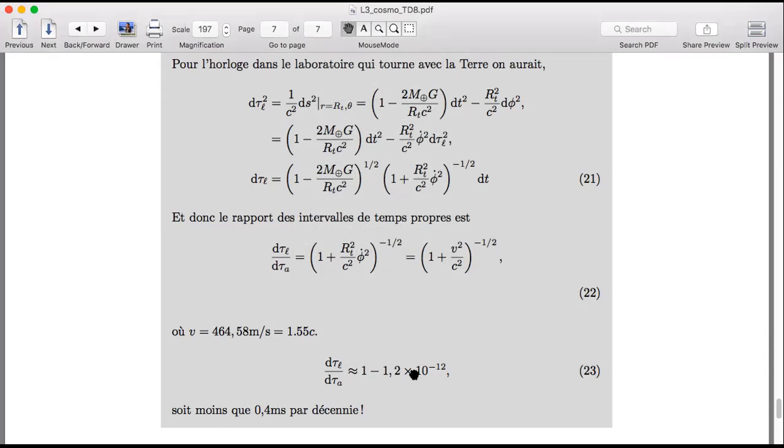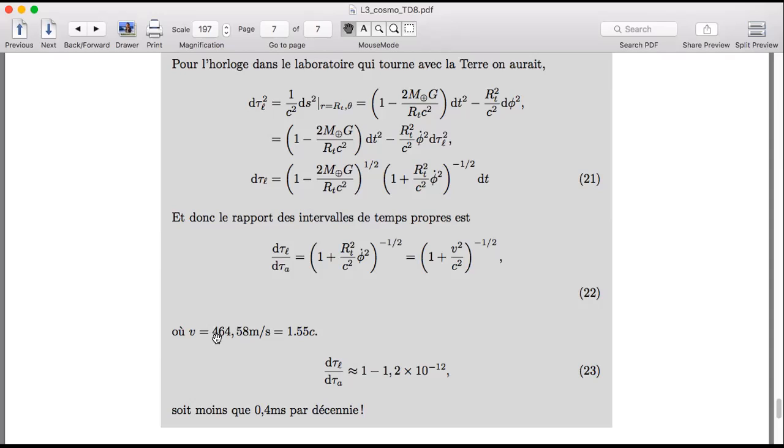But this looks right. Well, we can guess about what this is. We want to compare that with the speed of light, which is 3 times 10 to the 8. And this is actually about 1.5 times the speed of light, or 1.5 times 3, but times 10 to the 2.